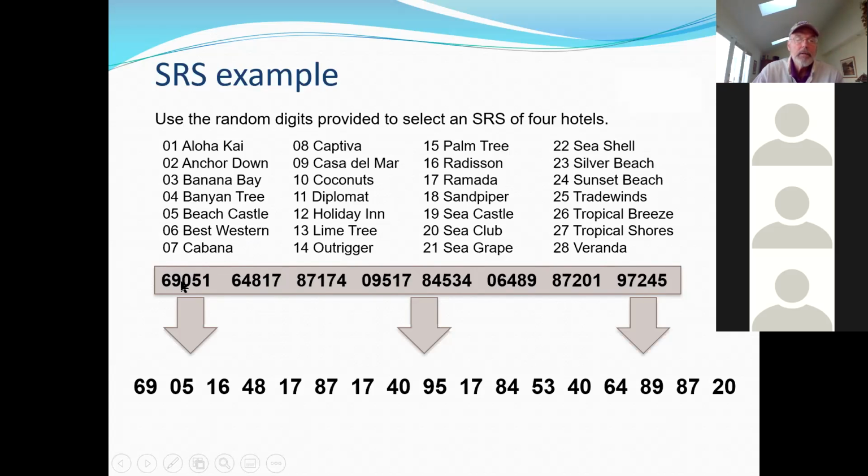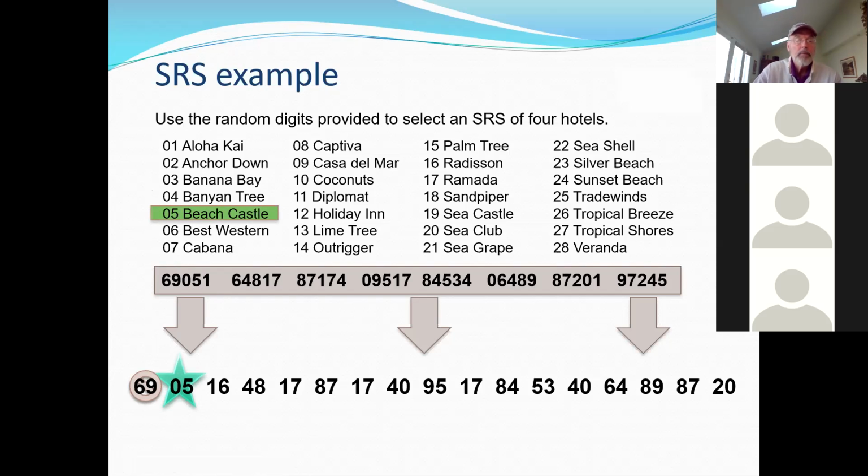Is 69 part of this set of hotels? Nope, I don't see 69. Do I see 05? Well, that's this one right here, Beach Castle. So 69 is out, but Beach Castle is the first selected hotel.